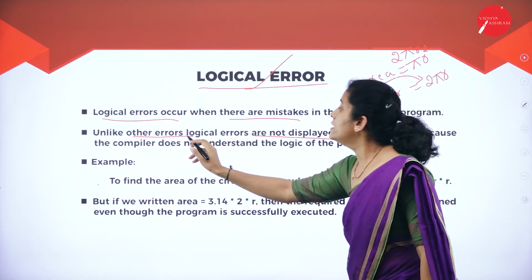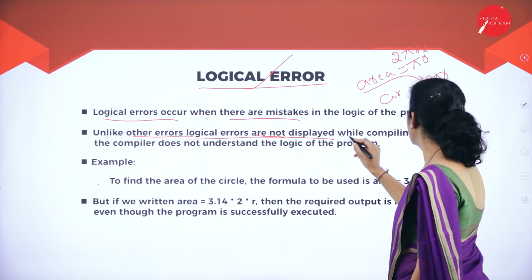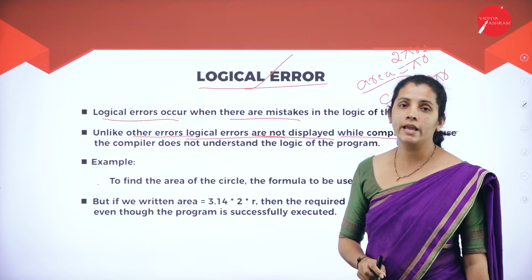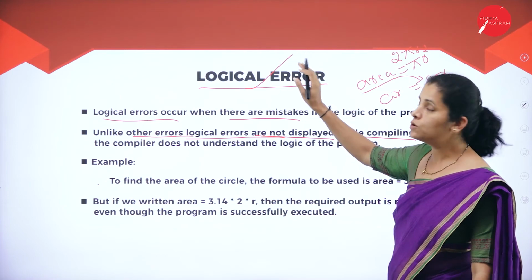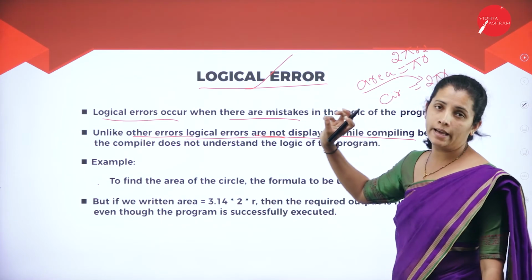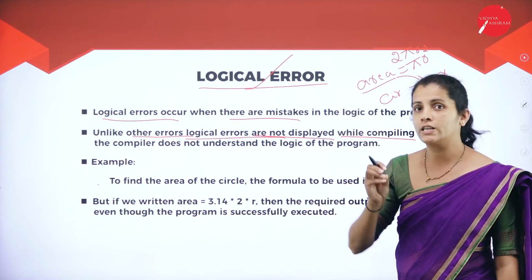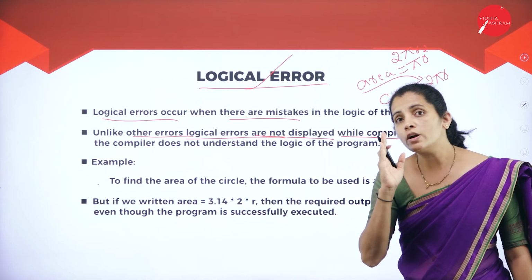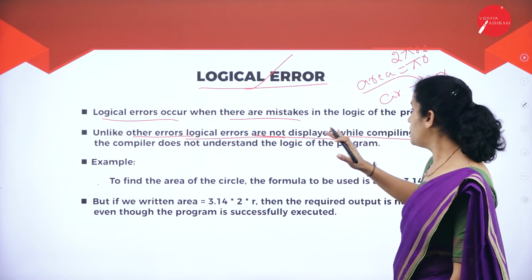So here logical errors are not displayed while compiling because the compiler is not able to understand logical error. So these are the internal errors, that means the errors in my programming logic, and this kind of errors are not identified or not understood by the compiler.